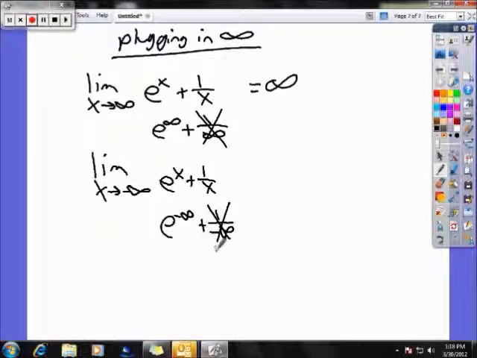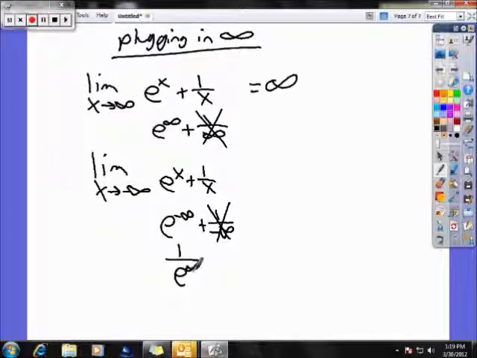So that's still out. Now, e to the negative infinity, what does a negative do on an exponent? Puts it on the bottom, right? It puts it on the bottom. So this is really 1 over e to the infinity. So now we actually have a situation where, because it's a negative exponent, it makes it so that the bottom of the fraction is actually getting bigger and bigger.